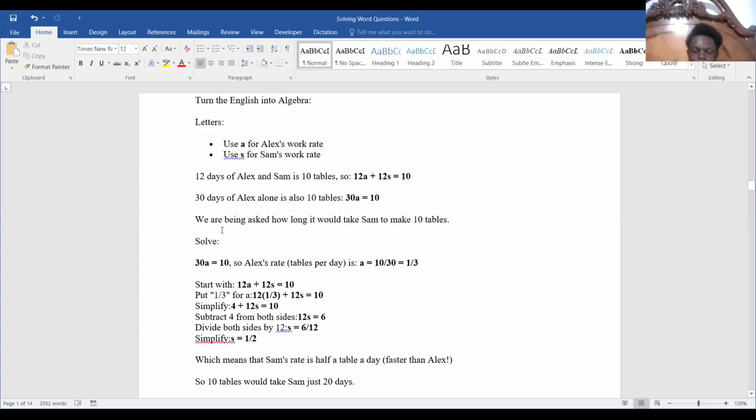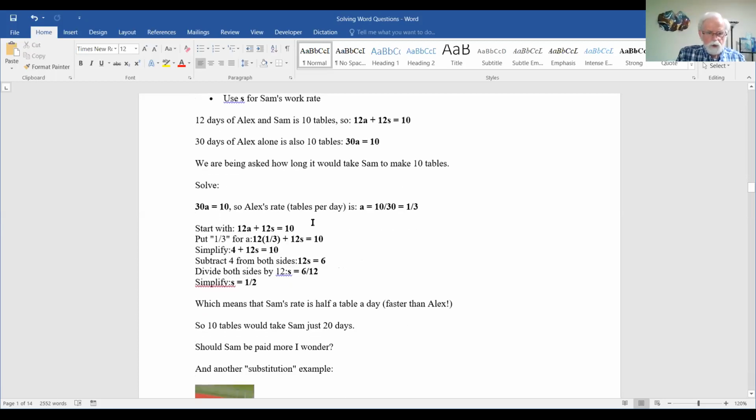Okay. And now we're working on word problems. So we've just figured that Sam's rate is half a table a day, so 10 tables would take Sam 20 days.